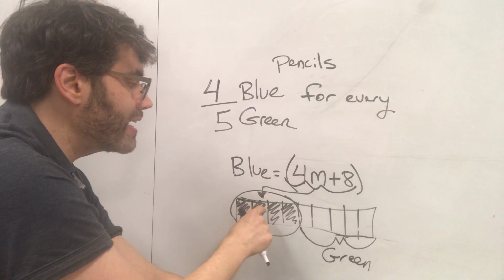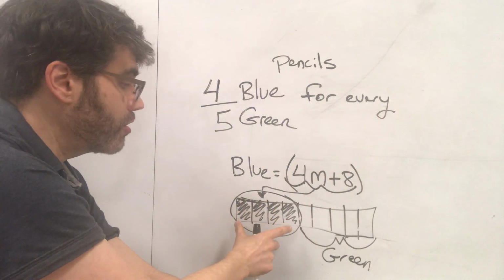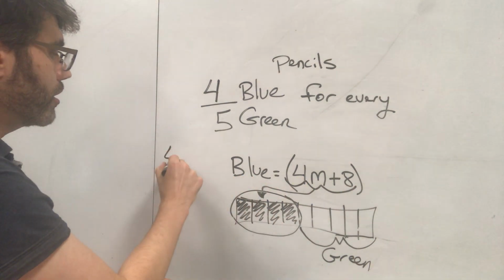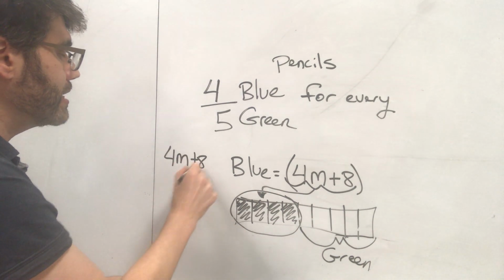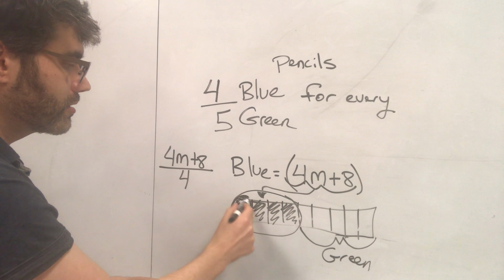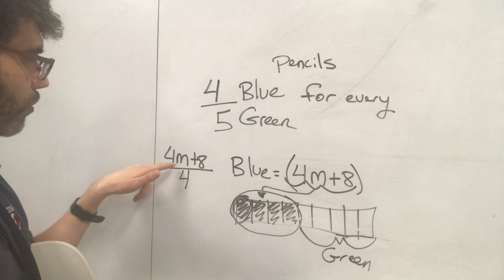Well, I would divide this by how many blocks it's worth. So this is worth 4 blocks. So 4m plus 8 needs to be divided by 4 just to get one of these blocks. Okay? So what's a quarter, 1/4 of 4m plus 8?